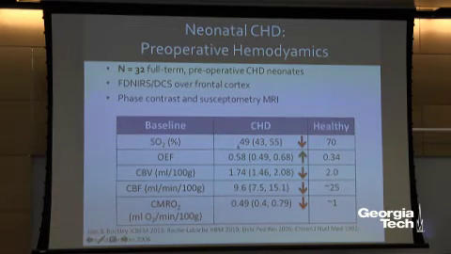But anyway, so what we saw was that oxygen saturation was significantly decreased, which is expected, right? Because these patients are hypoxic essentially due to their heart defect. Oxygen extraction was significantly increased, blood volume was decreased, flow was decreased, and so was oxygen metabolism.